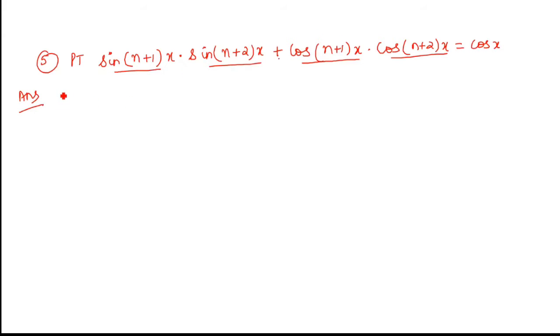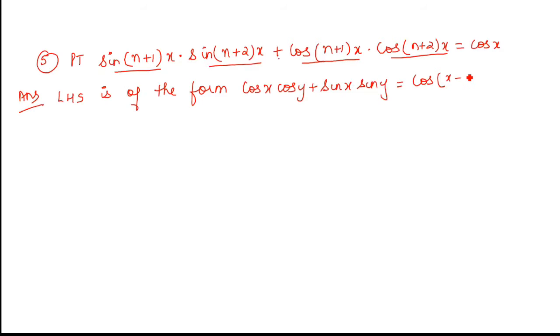So we can write LHS is of the form cos x cos y plus sin x sin y, which is equal to cos of (x minus y). This first form I need to understand. What is x? Who is there in the place of x? (n plus 1) into x. Who is there in the place of y? (n plus 2) into x.